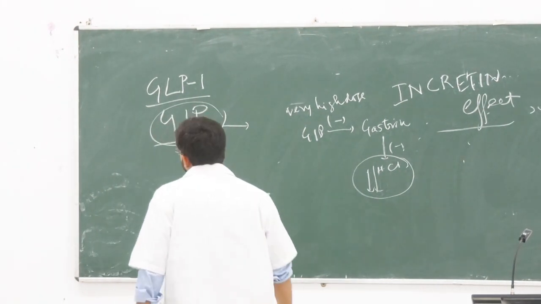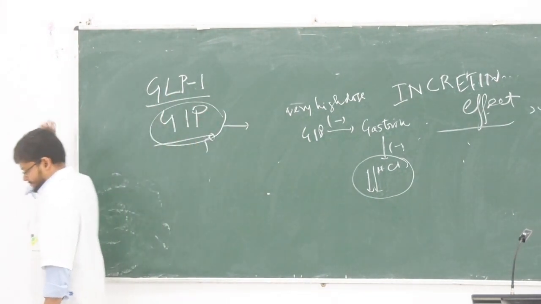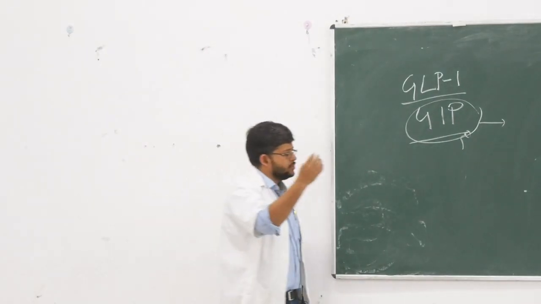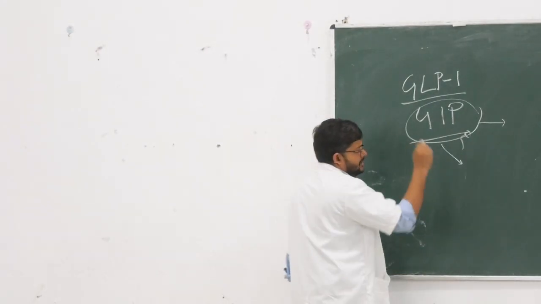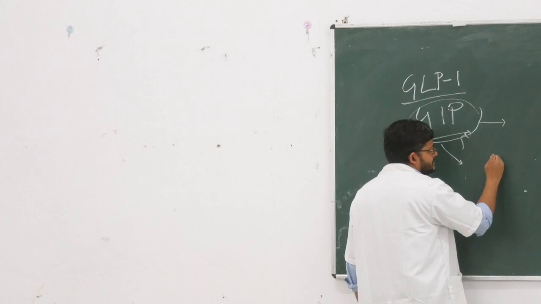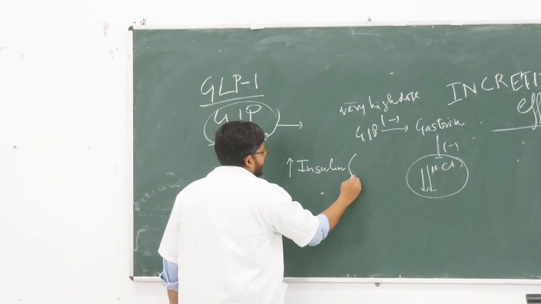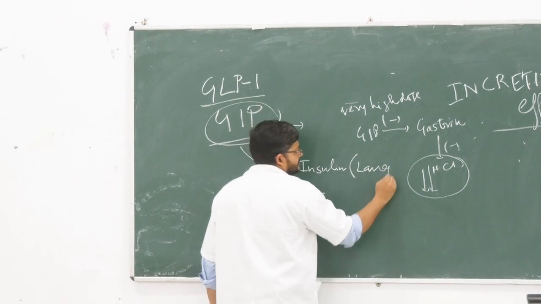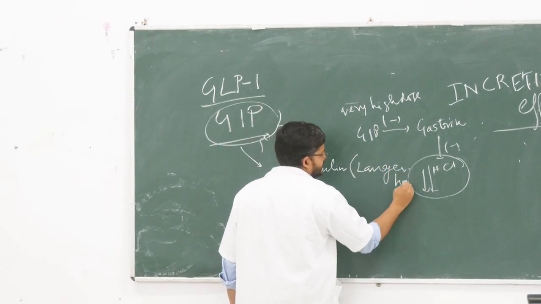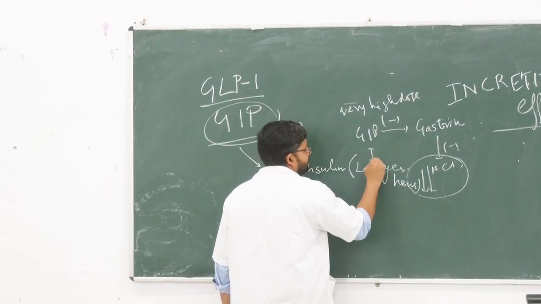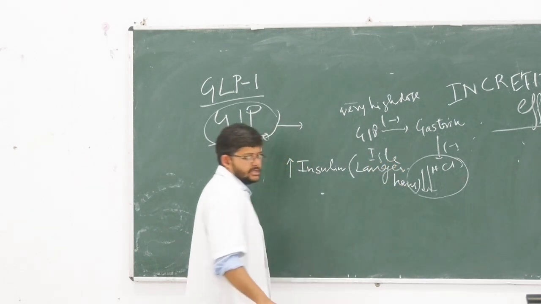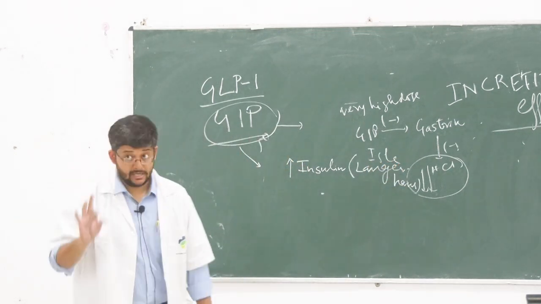Basically GIP and the hormones in this group do one thing. First of all, they increase insulin secretion from islets of Langerhans, from the pancreatic beta cells. That is one.